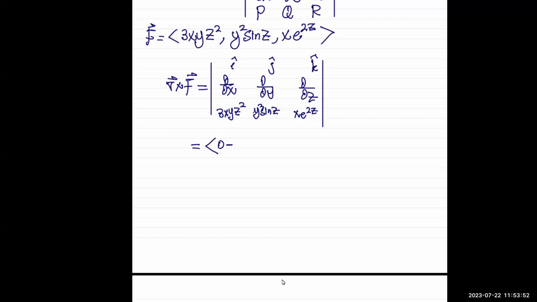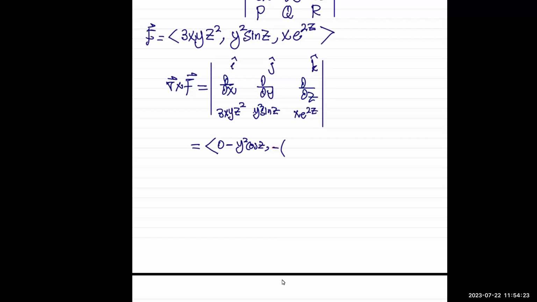Minus, we do the derivative of y squared sine z with respect to z. Here we do have a z, so y squared is constant. The derivative of sine z is cosine z times y squared. We have y squared cosine z. All right, so just again, like a regular cross product, we need minus here.